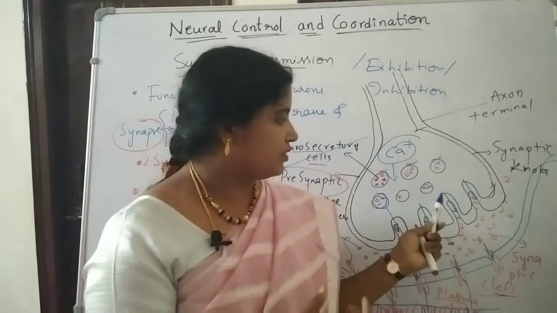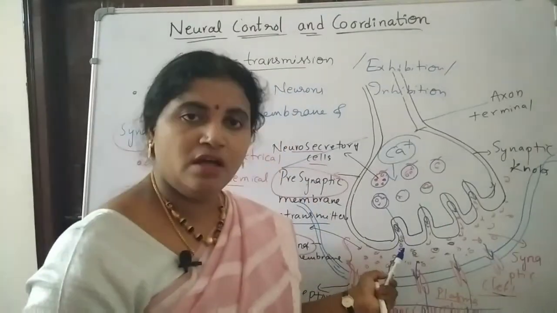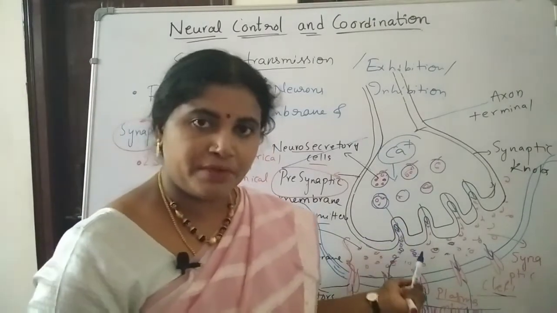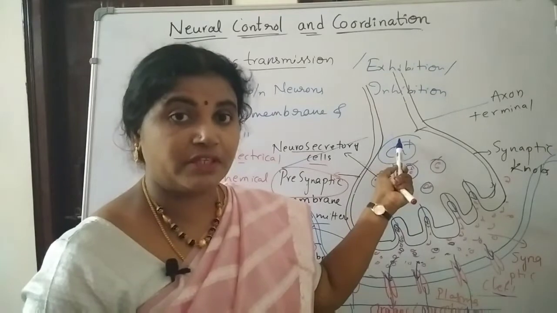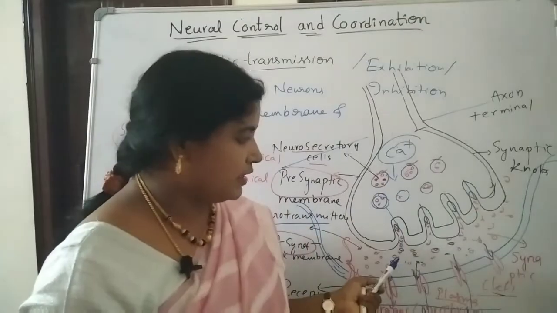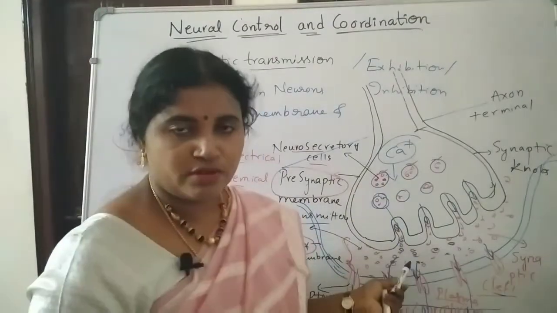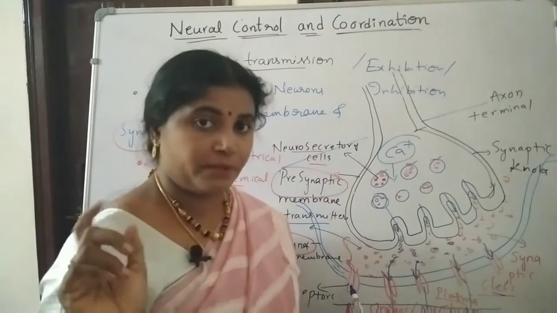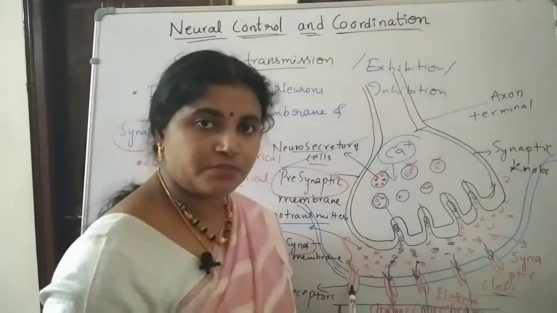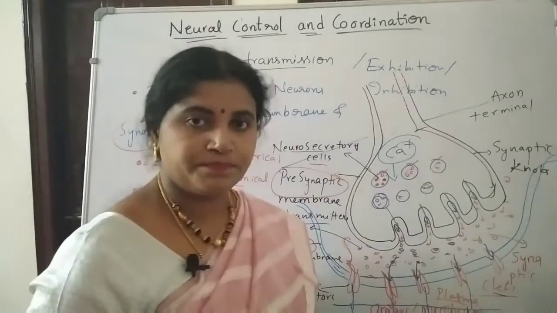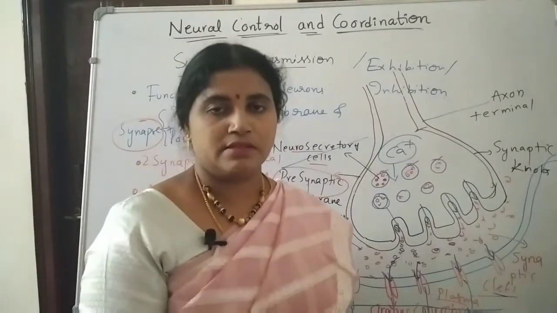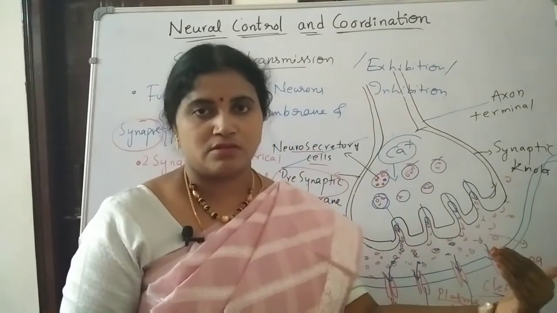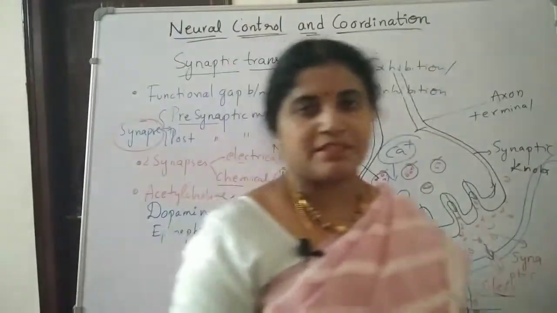These neurotransmitters are released into the synaptic cleft from the presynaptic membrane by the stimulation of calcium ions. Then those neurotransmitters are received by the receptors present in the postsynaptic membrane. From the receptors they enter into the plasma membrane of another cell so that it can do that particular function. So that is about synaptic transmission.